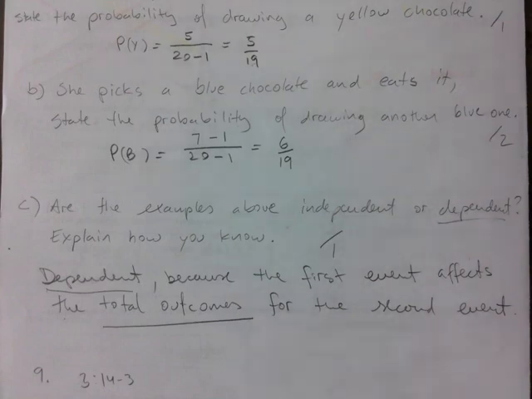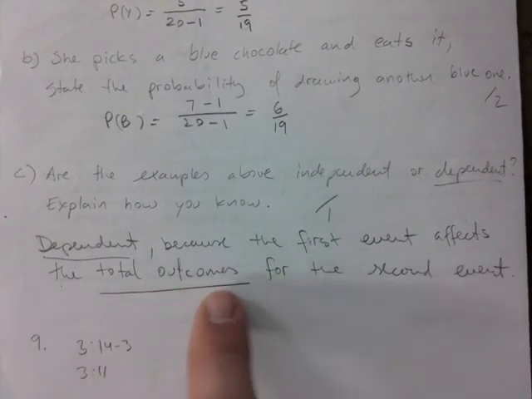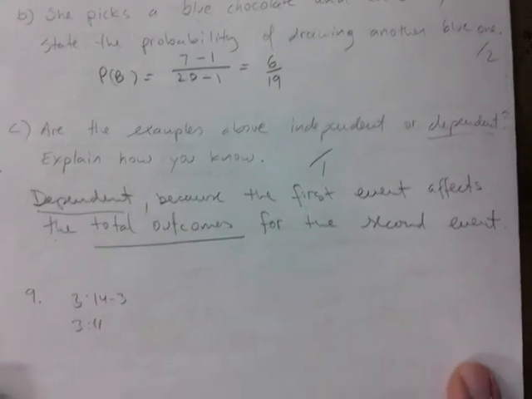Remember that? Eating it, taking it away, not putting it back. If you make groups, if you take people out of the big class to make groups, it's affecting the next probability of what's going to happen, okay, unless you put that person back or the card back or something. So depending, because the first event affects the total outcomes of the second event.